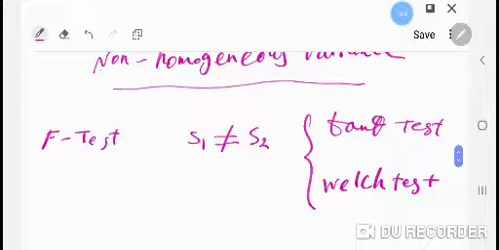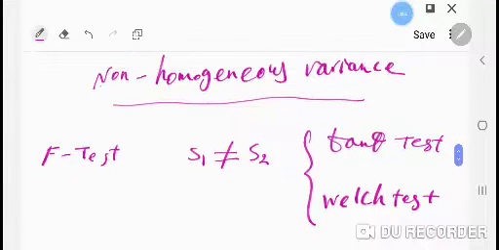You can search about the Welch test for determining non-homogeneous variances and the F-test.